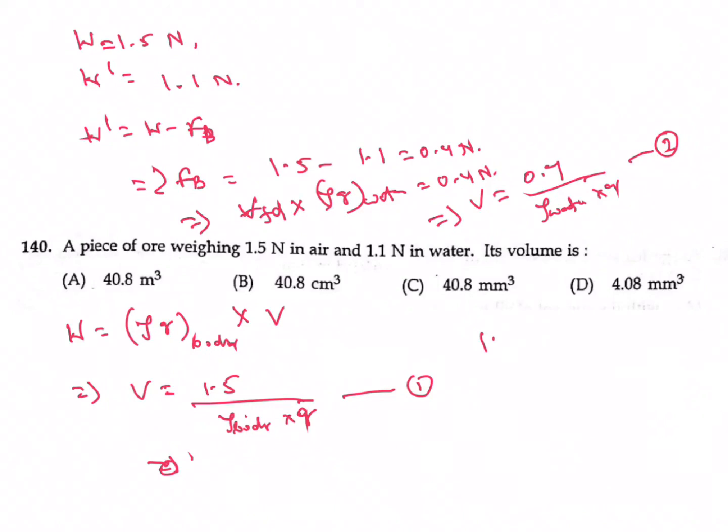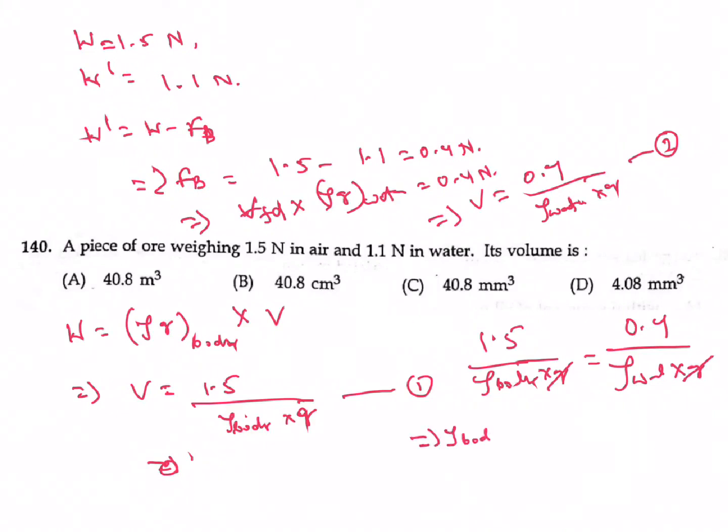From equations 1 and 2, 1.5 by rho of body into g equals 0.4 by rho of water into g. Its volume we have to calculate, so first calculate the density of body. Density of body is rho of water, 10 to the power 3, times 1.5 by 0.4, which is 15 by 4, so 250 into 15.